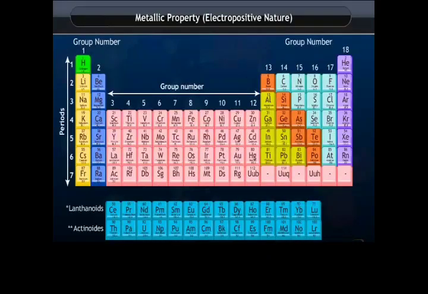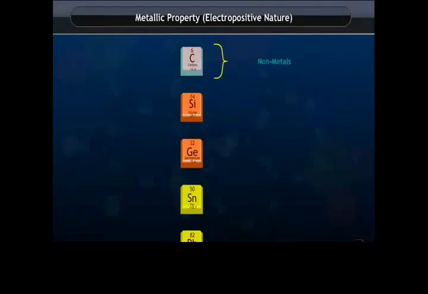In a group, the metallic property of the elements increases from top to bottom. For example, in group 14, carbon is a non-metal, silicon and germanium are metalloids, while tin and lead are metals.